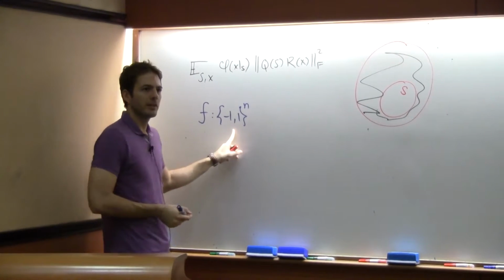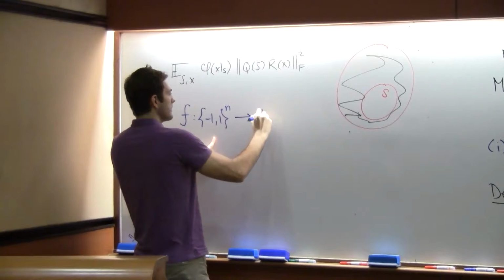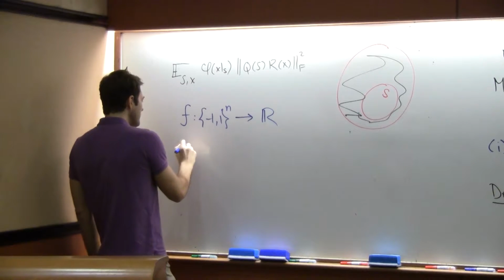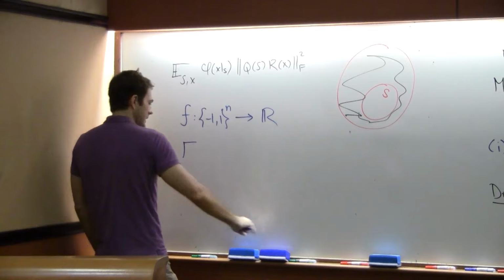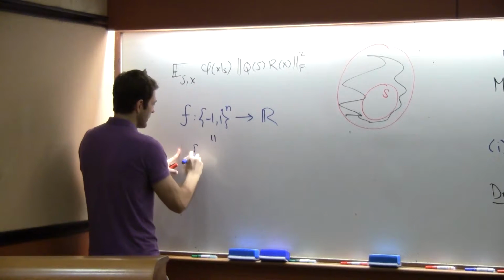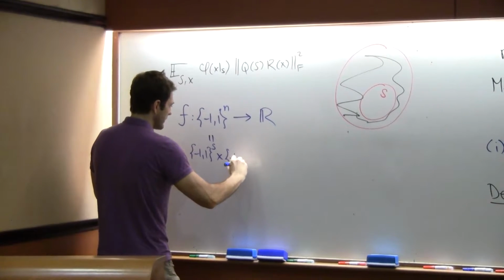That's just so we can do Fourier analysis in a natural setting. But okay, so we have some real valued function f. And in fact, let's break this domain into two pieces. So one piece is S, and then the other piece is just whatever is left.